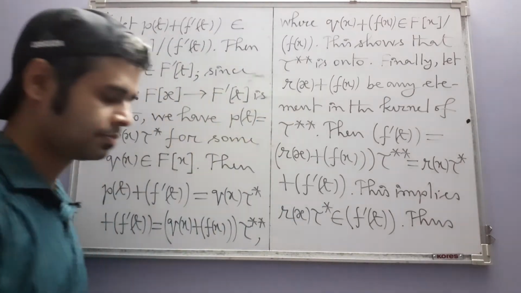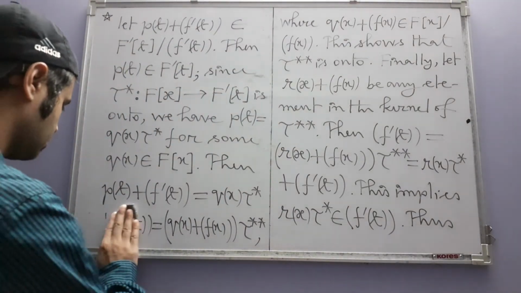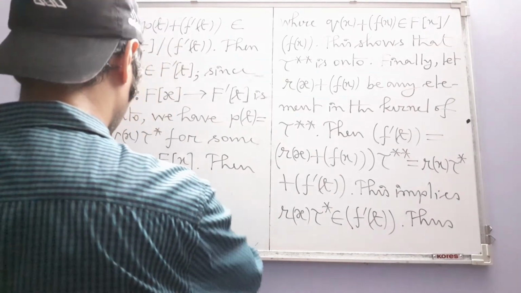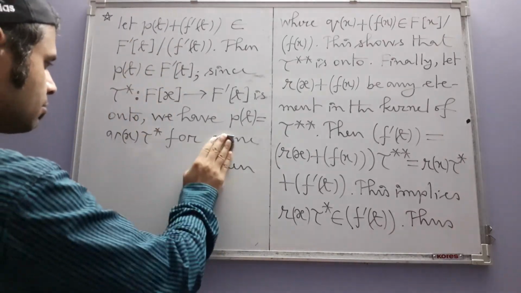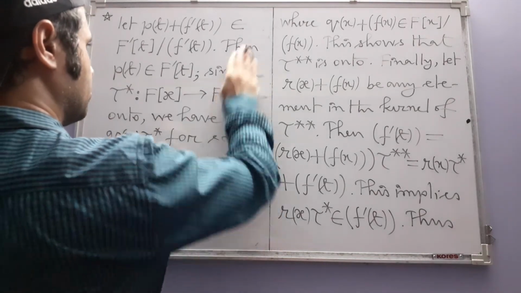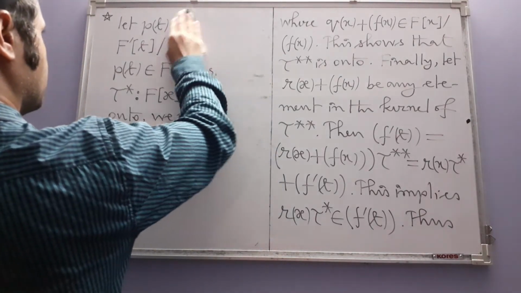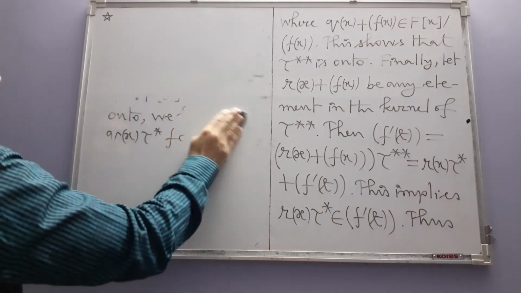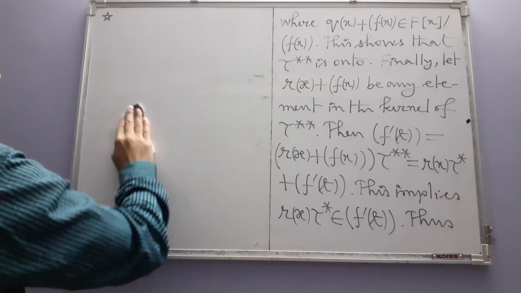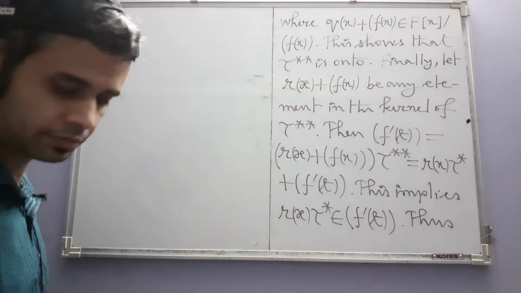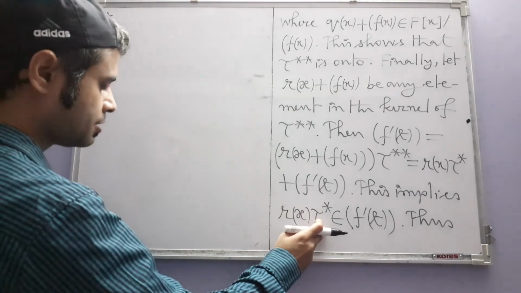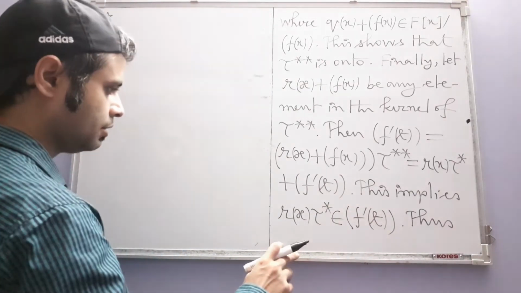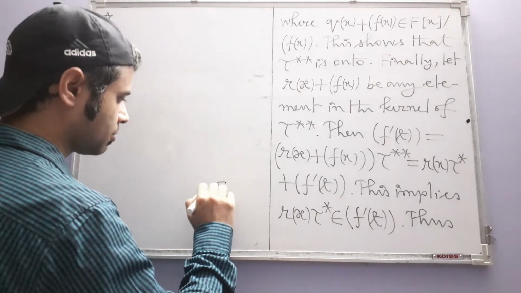Thus, this is a multiple of the polynomial f prime t in the polynomial ring.